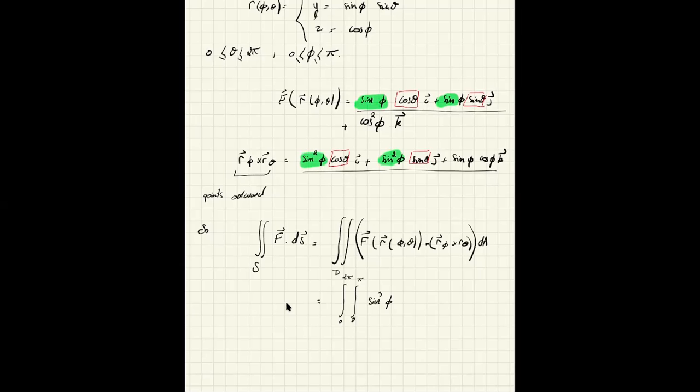So you use the cos square plus sine square, right? And the other one, there is no simplification for it. There is sine phi plus cube of phi d phi d theta.